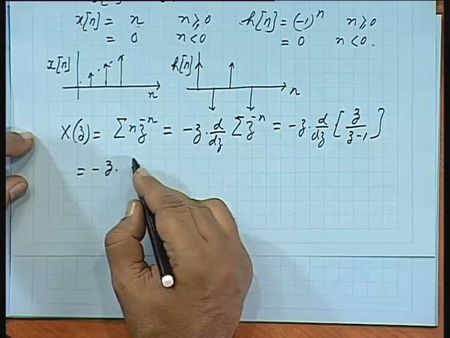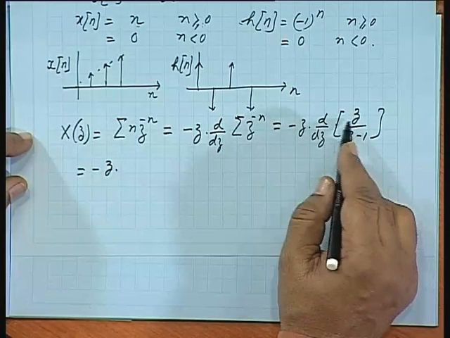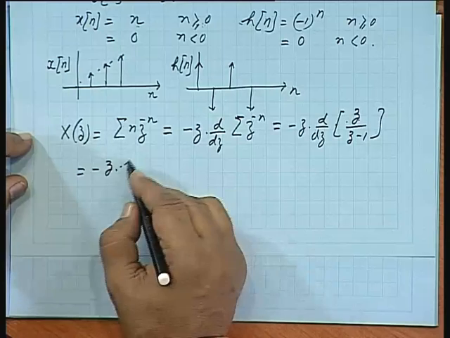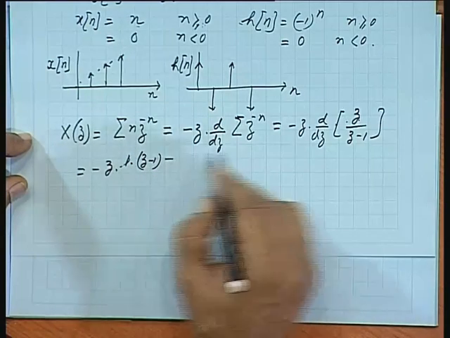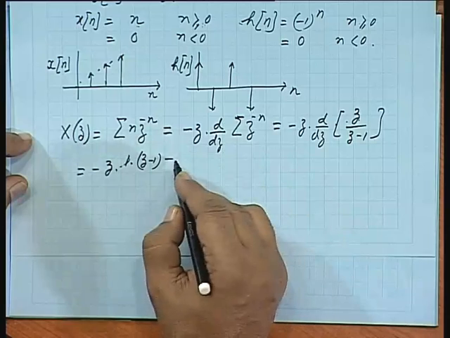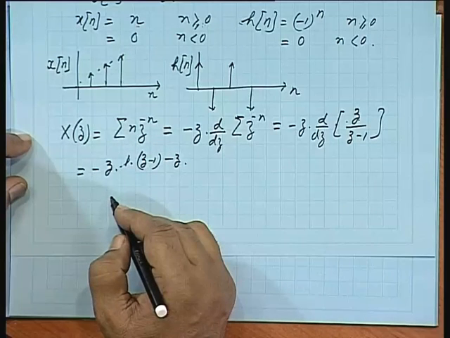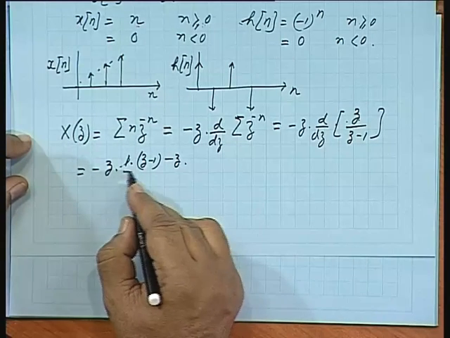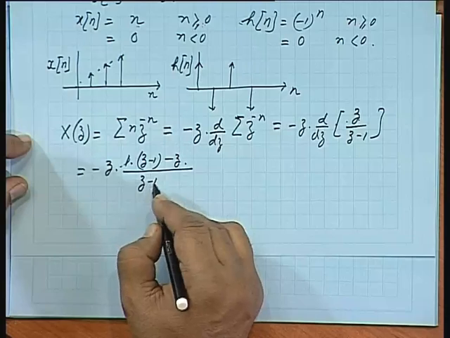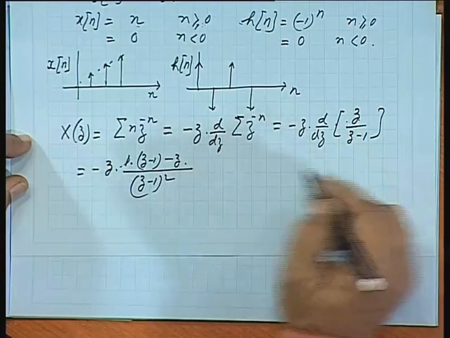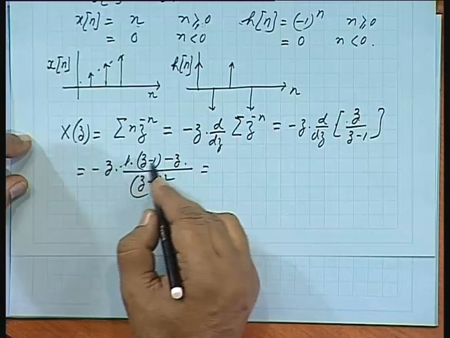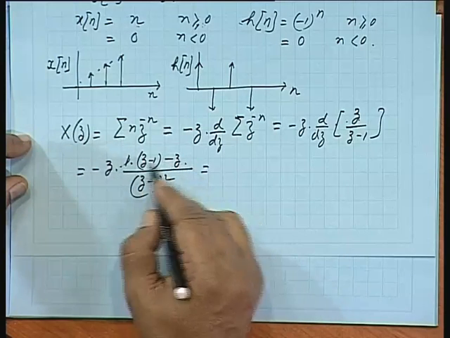that gives me z minus 1 into 1 minus z, is that so, divided by z minus 1 whole square, z into derivative of this, that is 1. So that will be minus, z will get cancelled.